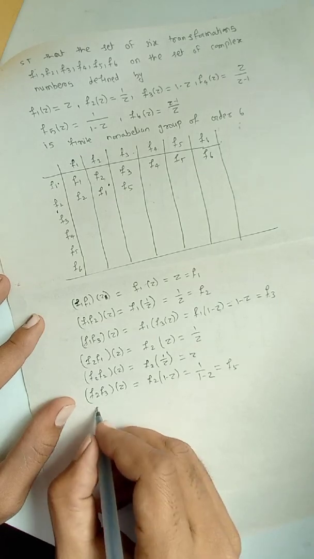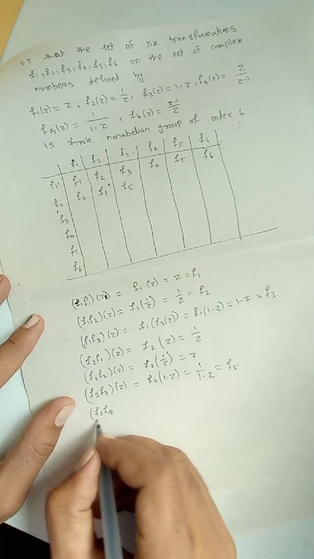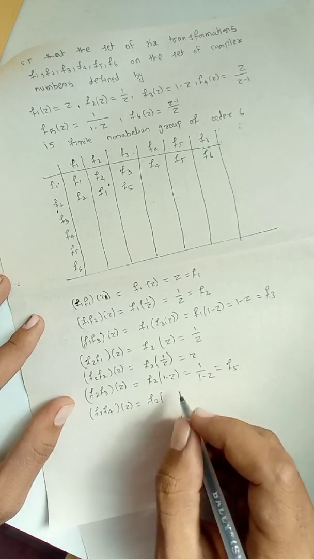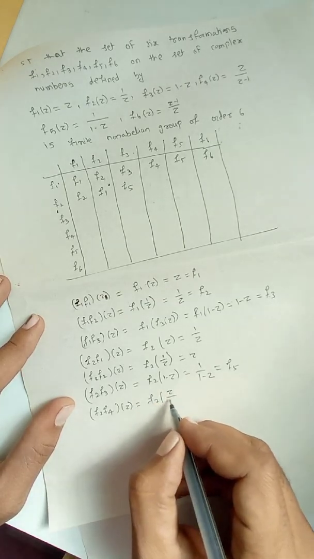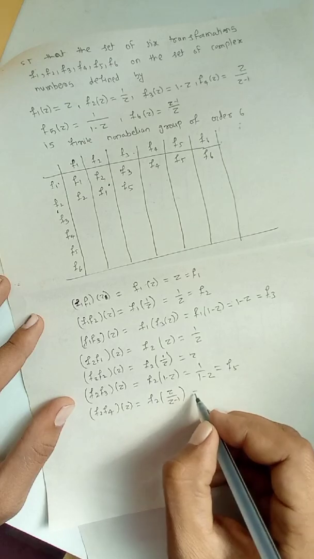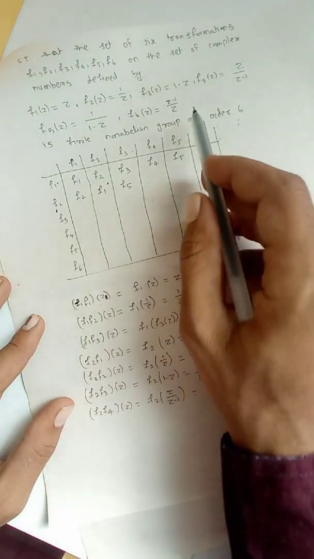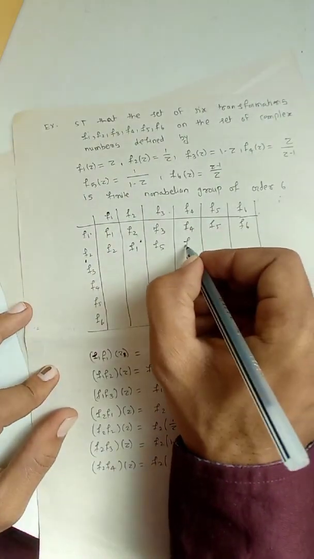Now f2 f4 of z is f2 of z by z minus 1, which is just the reverse, z minus 1 by z, so it is f6.